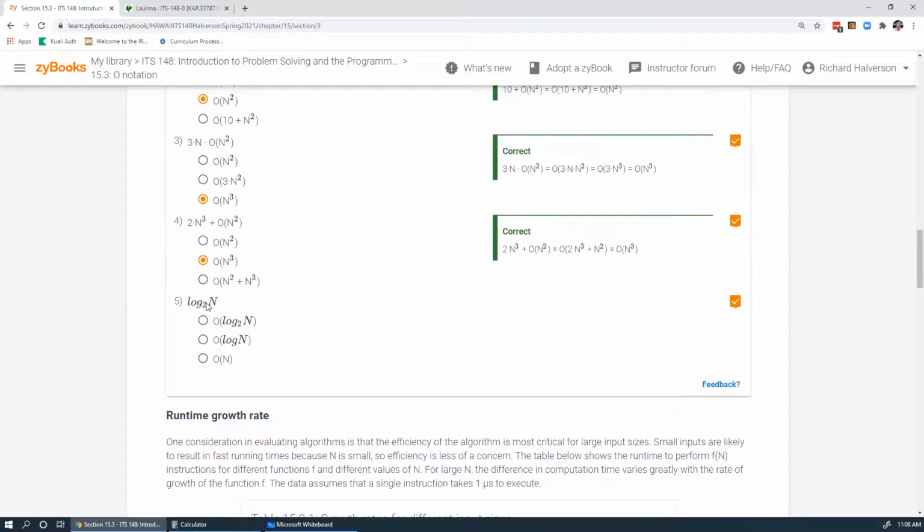And here, this is log to the base 2 of n.